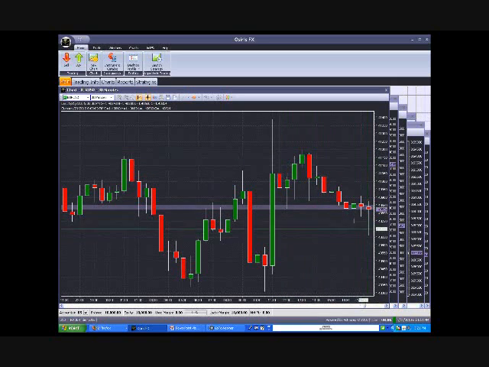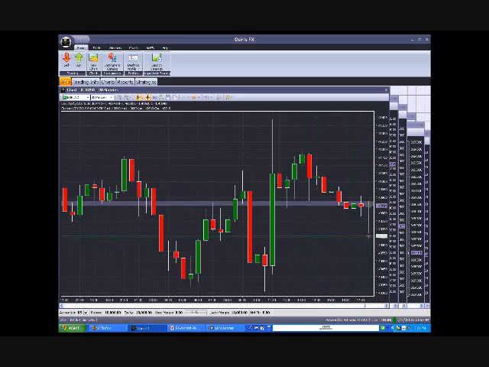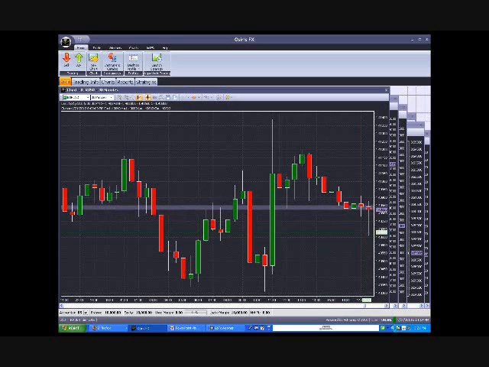So once again, we tried to get higher, we failed, and we came all the way back down here to 40.65. So I'm still bearish. I still don't see any great news coming out of Europe. With the equity markets weak, this could be the beginning of a correction.